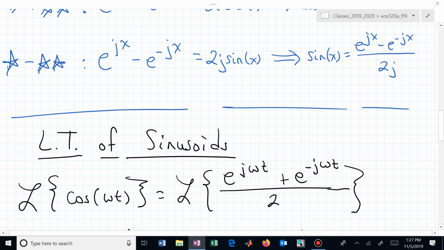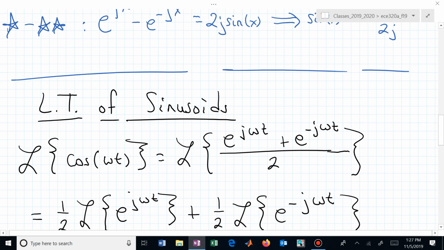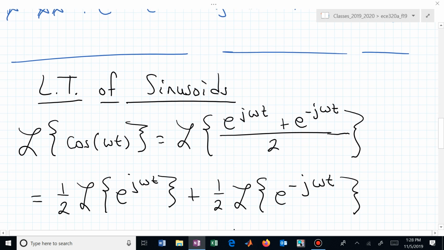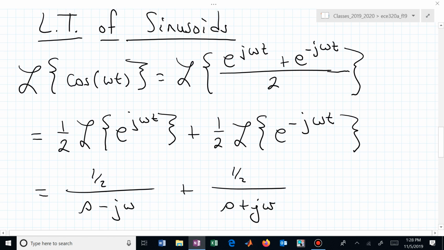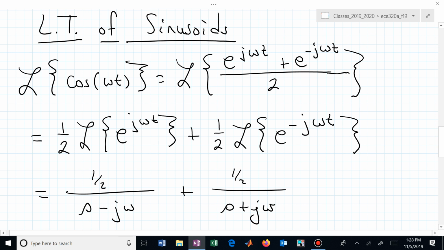The Laplace transform is a linear operation. We now can combine 1/2 e to the j omega t with 1/2 e to the minus j omega t to find the Laplace transform of cosine. And that was in our table.